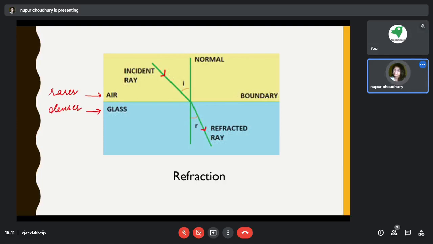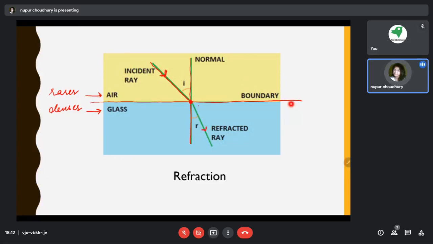Now, the ray of light falls on the surface of the boundary that separates these two mediums. Once the incident ray is incident on this boundary, at this particular point, refraction takes place with respect to the normal, which is drawn perpendicular to the boundary of both the mediums.